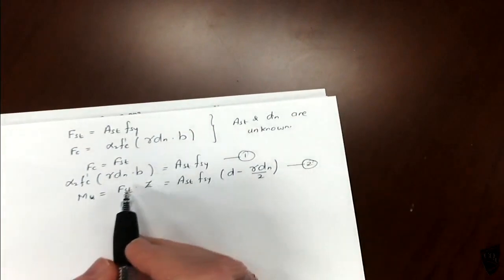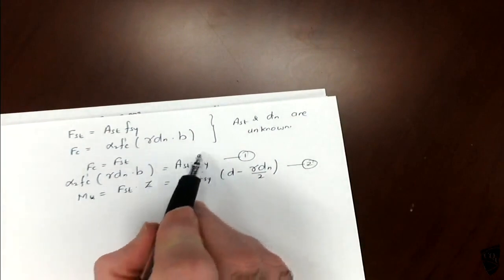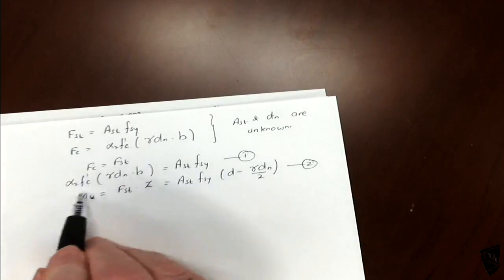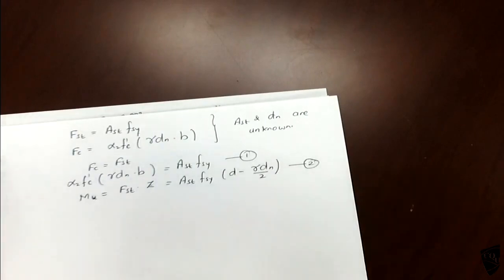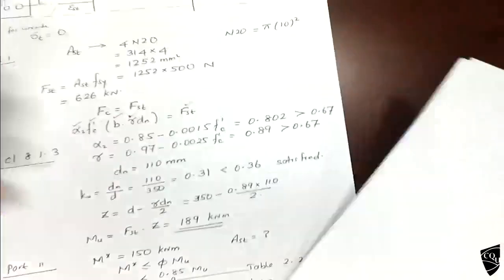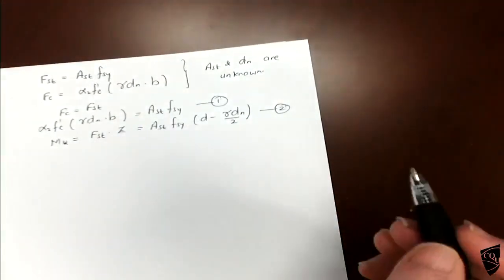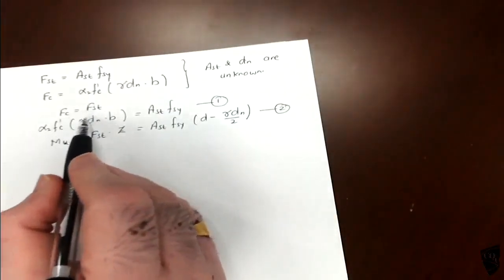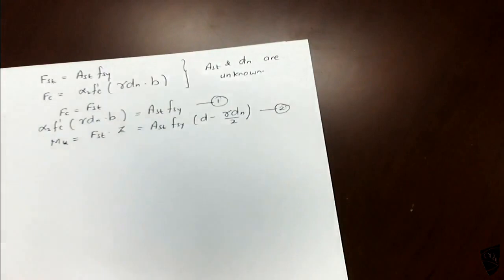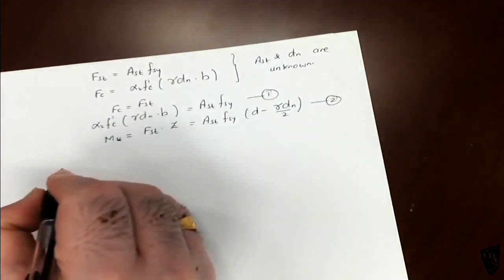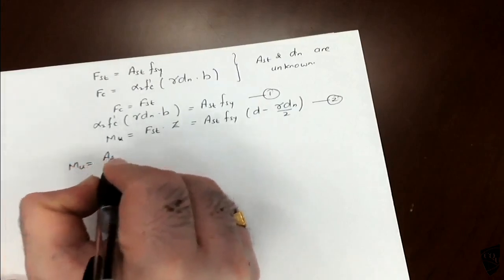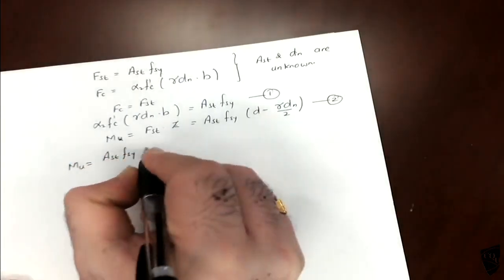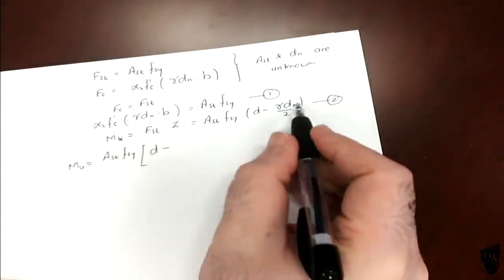So technically what we'll do is, you need to either substitute Ast fsy, this one here, and you'll get an equation. Mu is known, Mu is 176, it should be larger than that. Otherwise gamma dn can be substituted here. So either way should be okay. So I will write Mu equals Ast fsy times d minus gamma dn.